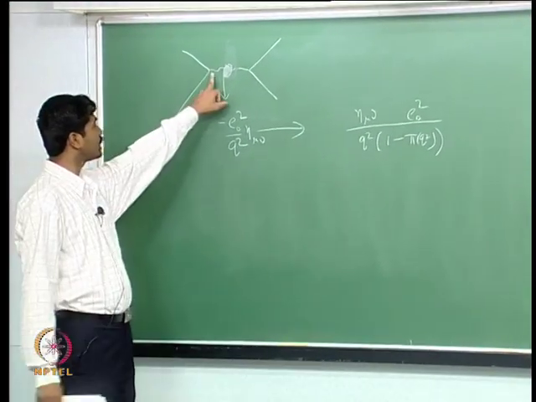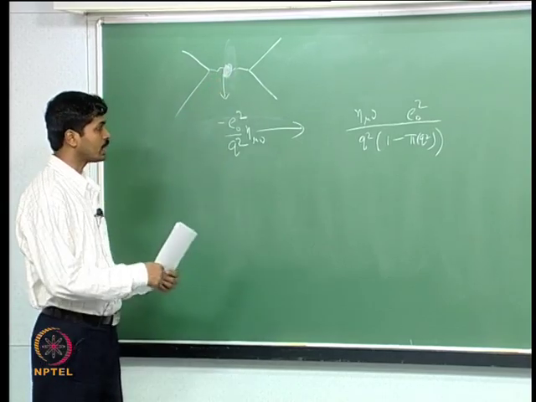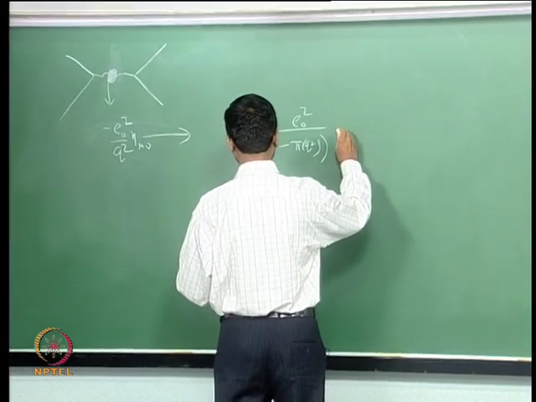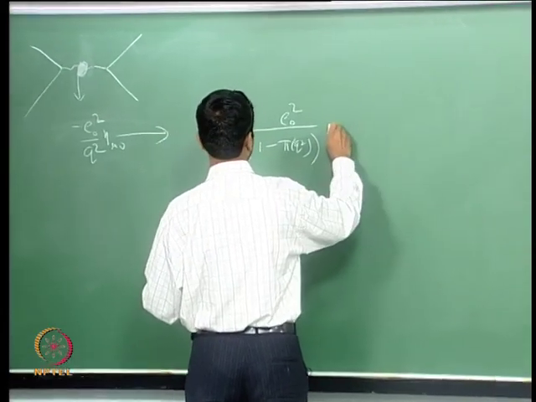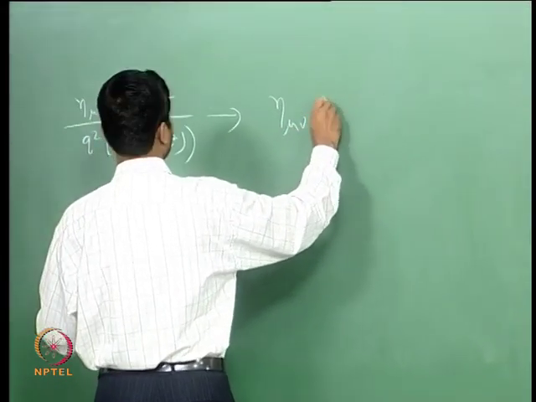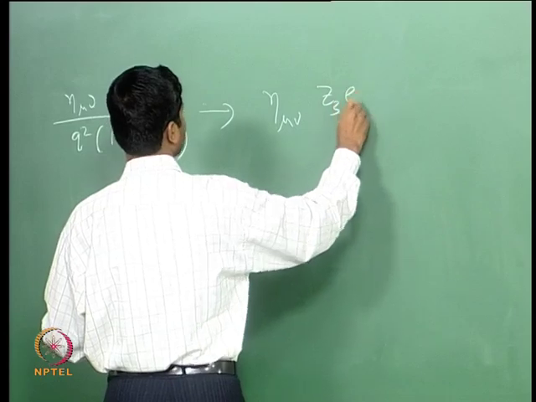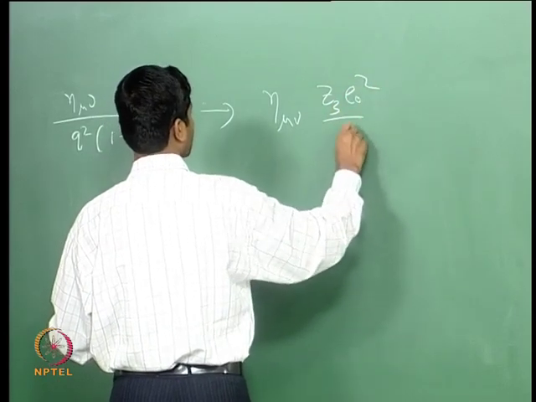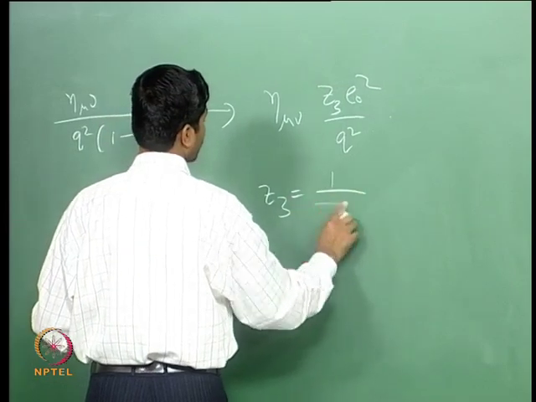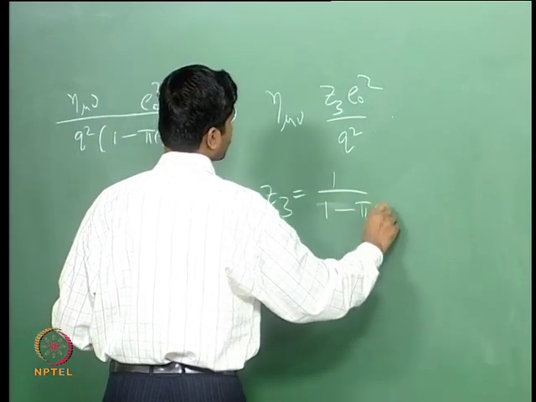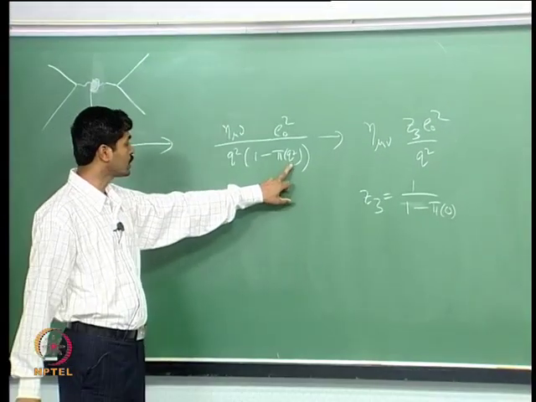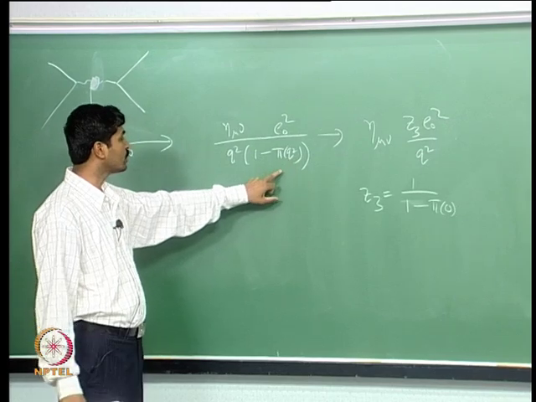Suppose this is a low energy photon, the virtual photon is low energy, then you can say that this is merely given by eta mu nu times some Z3 e0 squared divided by q squared, where Z3 is given by 1 minus pi of 0.